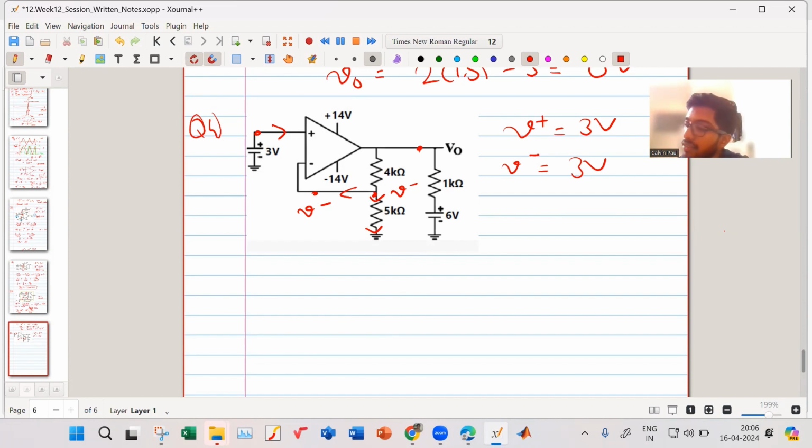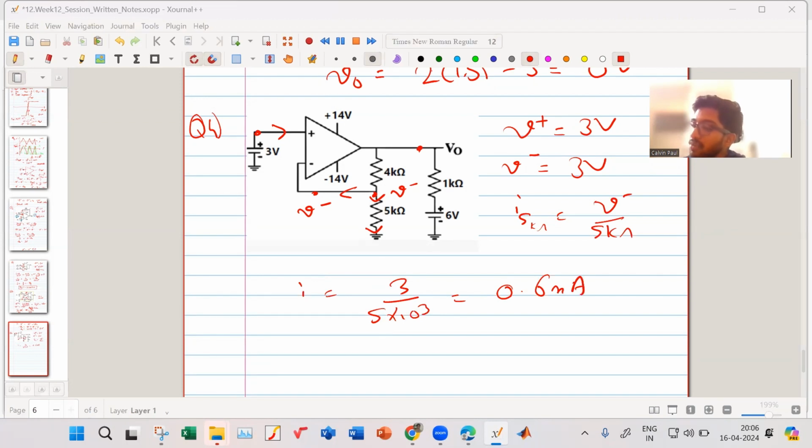So the current through the 5 kilo ohm resistor is V minus by 5 kilo ohm. That current is actually 3 by 5 into 10 to the power 3, which comes out to be 0.6 milliampere. So this is my current I. What is this current?